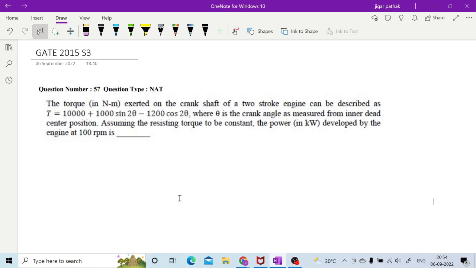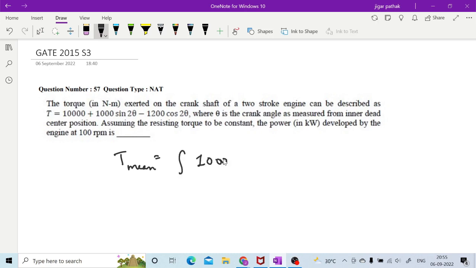Assuming resisting torque to be constant, find the power in kilowatt developed by the engine at 100 rpm. So here you have to integrate this torque first in order to get this T mean.